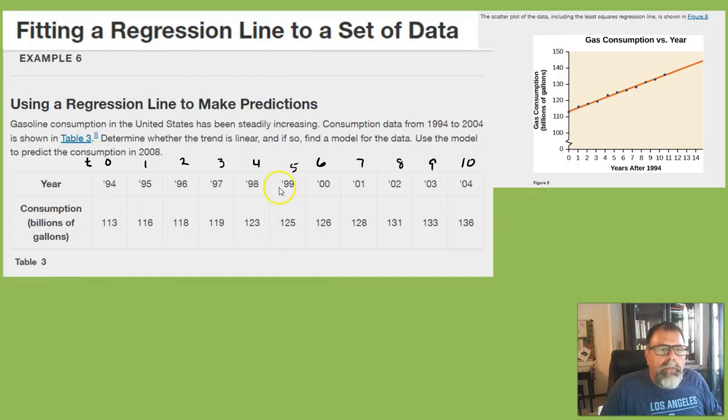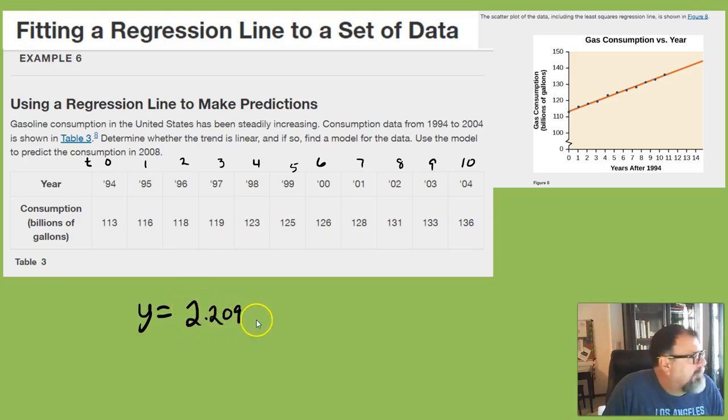Okay, use the model to predict. Now we want to predict 2008. So let's see, our model was, so Y is equal to, M was 2.209, X plus B, which is 113, and so X is T, same thing, doesn't matter.